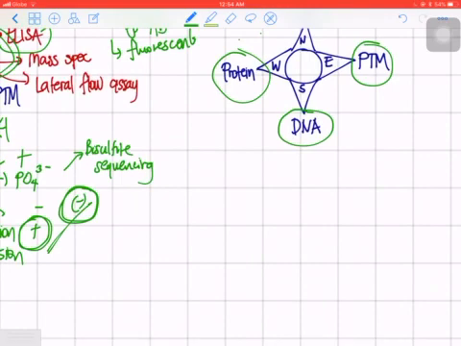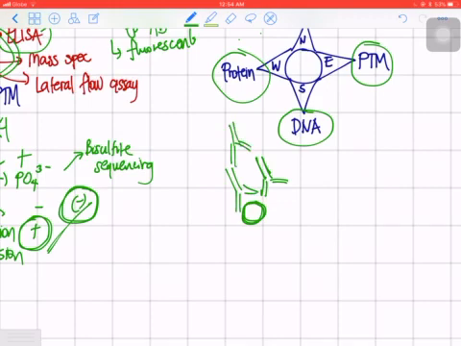So how does the principle of ELISA work? Let's say you have your protein, and you have a primary antibody that will stick to this protein of interest. Okay, let's draw a couple of antibodies there, right? And here, it has multiple epitopes for a secondary antibody.